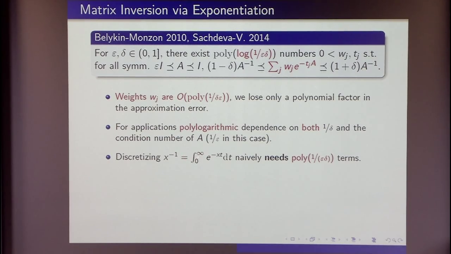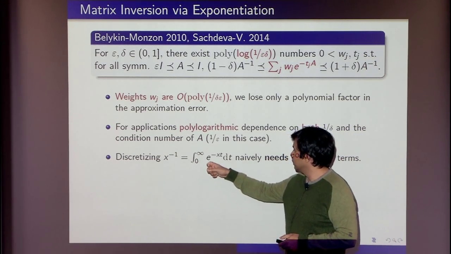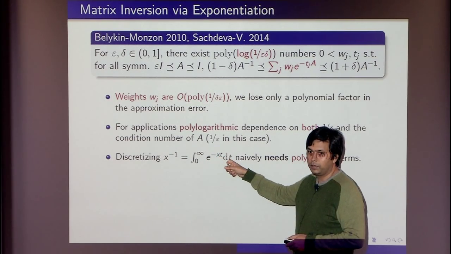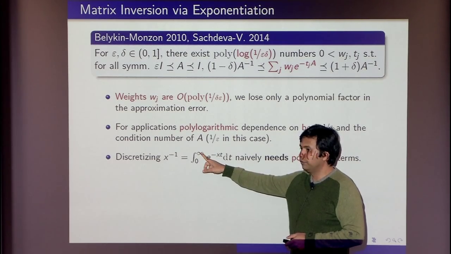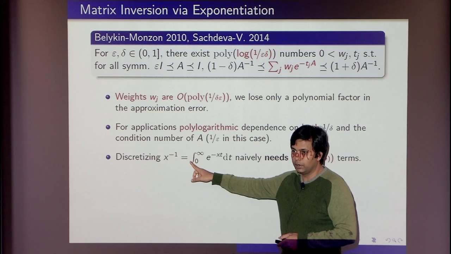But let me point out that naively, what you would try to do is use this identity. This is a basic identity which says that if you look at the function e to the minus xt dt, where t is the variable, and you integrate it from 0 to infinity, you get 1 by x. So we again go back to the scalar world.